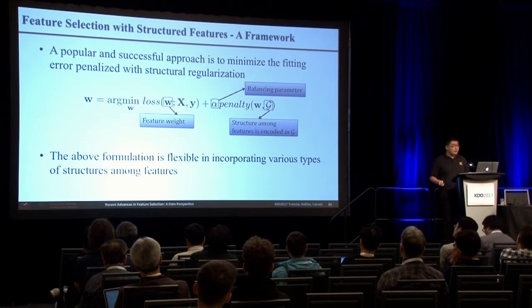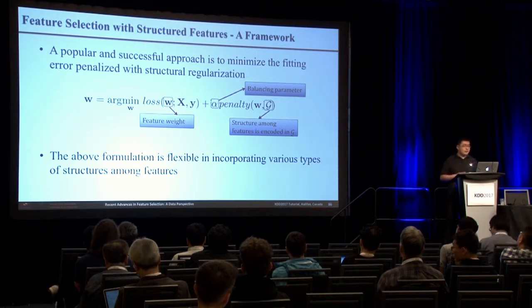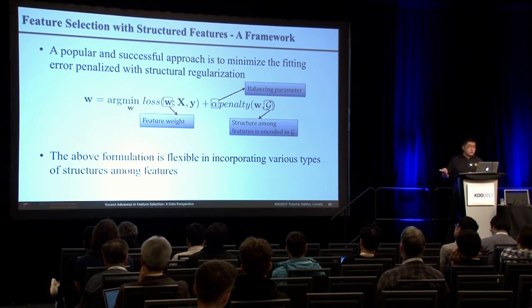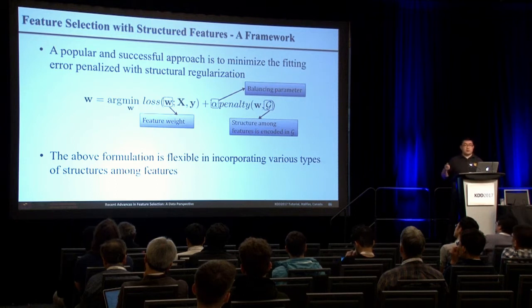We make use of popular methods which try to minimize the fitting error penalized by a structural regularization term. From this formulation, X is the training data, and Y is the target variable. It can be a regression target.